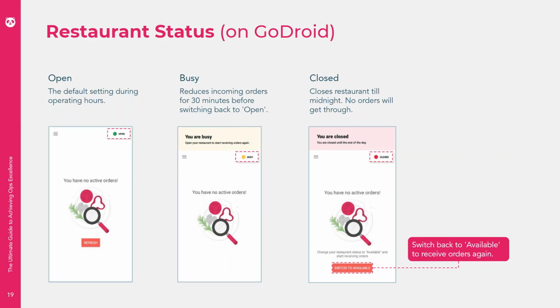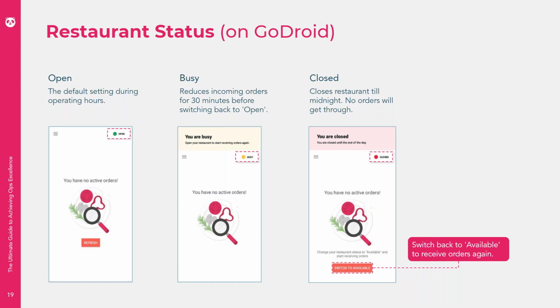There are three available statuses on the device, which are open, busy, and closed. So for example, if you are unavailable to accept any orders or you decided to close your shop earlier, always remember to set the status to closed before switching off your device.